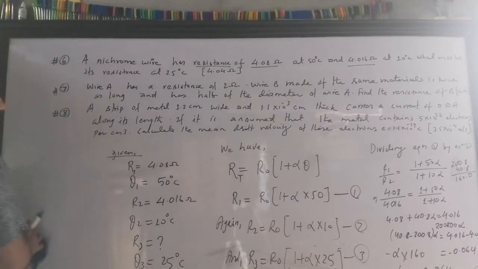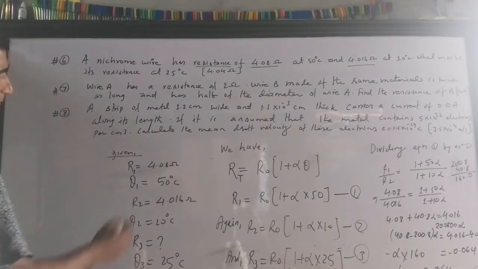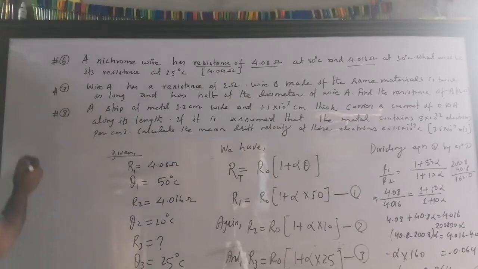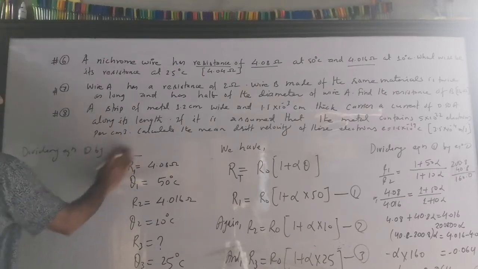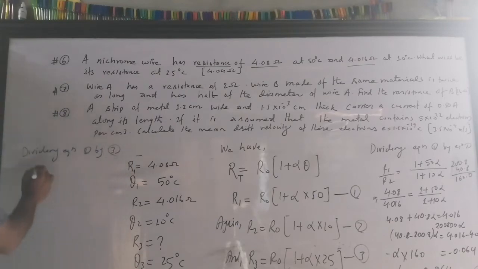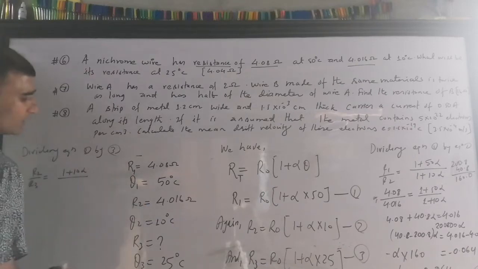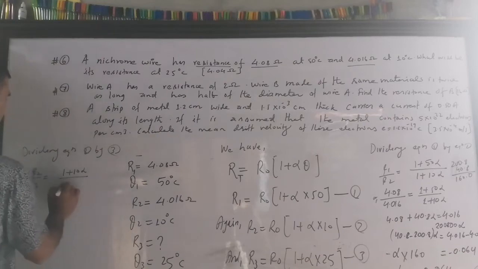After getting the value of alpha, now I have to divide equation 2 by 3, or 1 by 3, same thing, nothing will change. So dividing equation 2 by 3: R2 by R3, again R0 cancels, and I get (1 plus 10 alpha) by the denominator (1 plus 25 alpha).